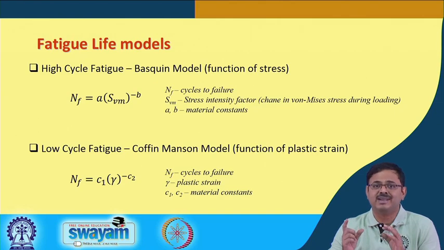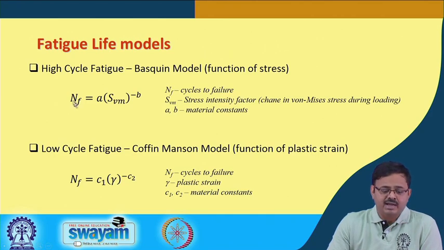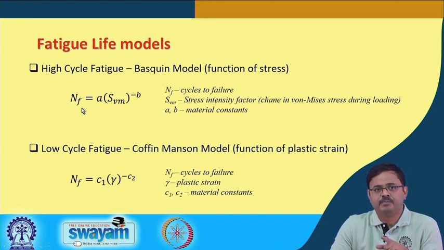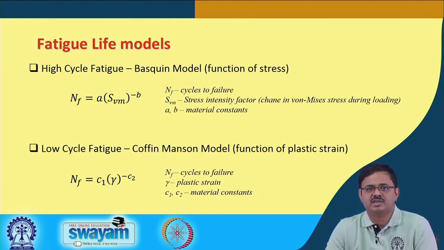Once you have characterized a material, you can use all the mathematical and computational tools that we have at our disposal today, and come up with an equation like this. NF is the number of cycles to failure, and it is given by this kind of equation, where SVM is the change in von Mises stress during loading, and A and B are material constants.